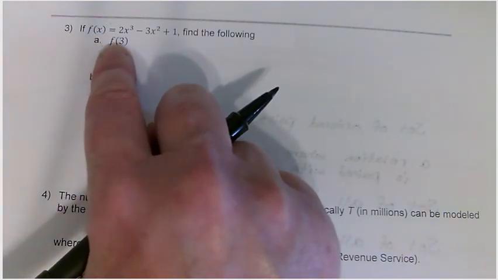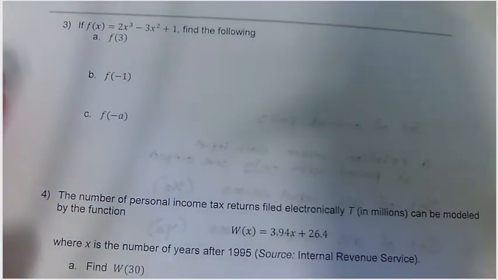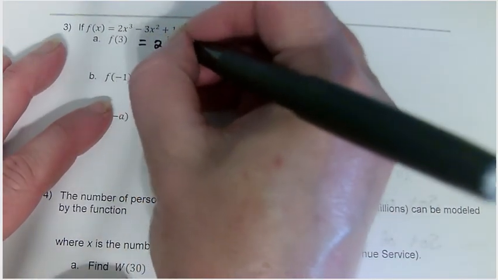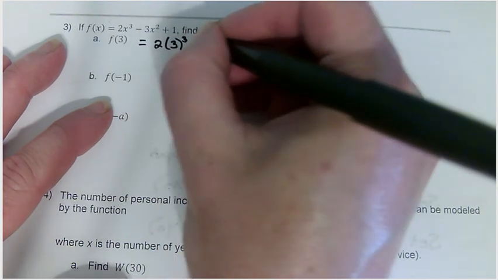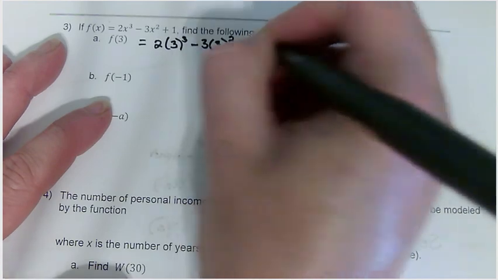Now when they give you an actual number, that just means I'm going to replace that input with a specific input value, in this case of 3. So it'd be 2 times 3 cubed minus 3 times 3 squared plus 1.